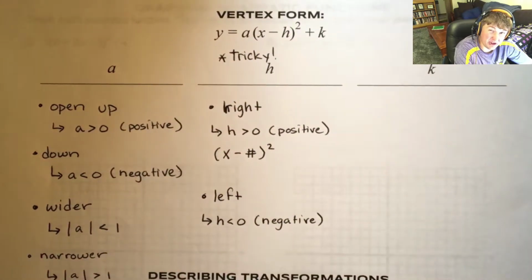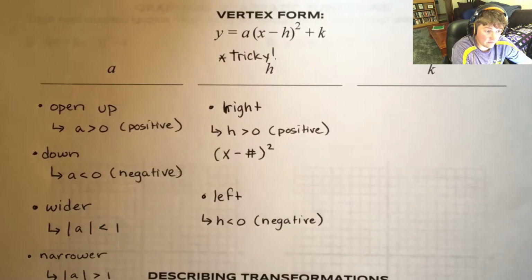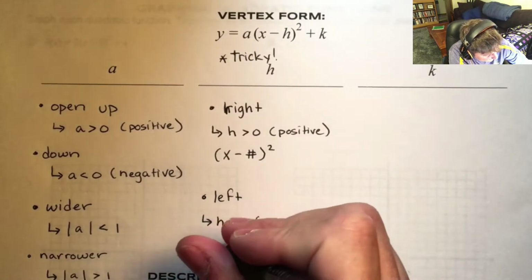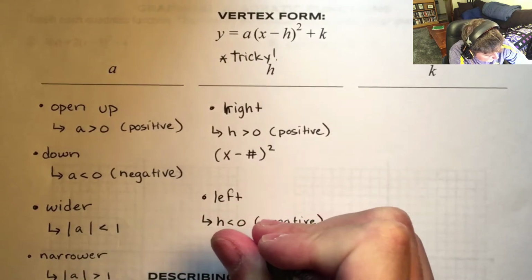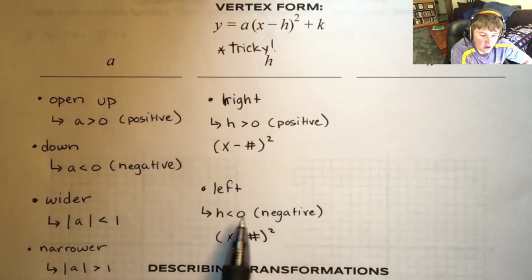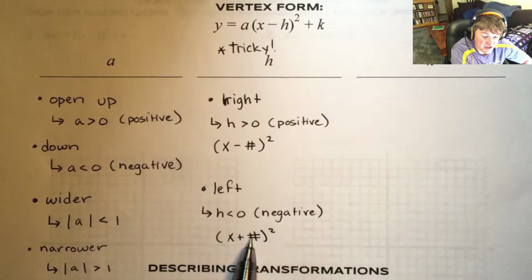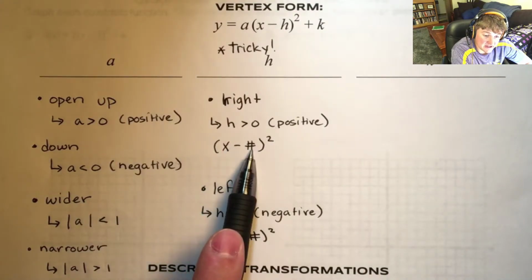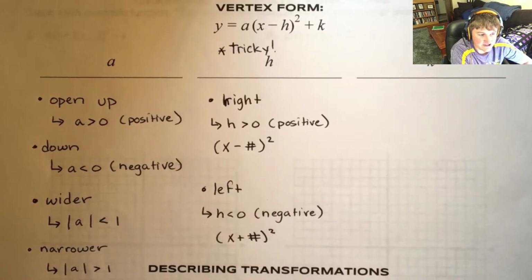Well, how do I typically rewrite minus and negative? Hopefully you're thinking, minus and negative is going to be addition. So this is the one that makes it a little bit tricky. When h is negative, it is going to show up as x plus a number, and when h is positive, it's going to show up as x minus a number, which is honestly just backwards.